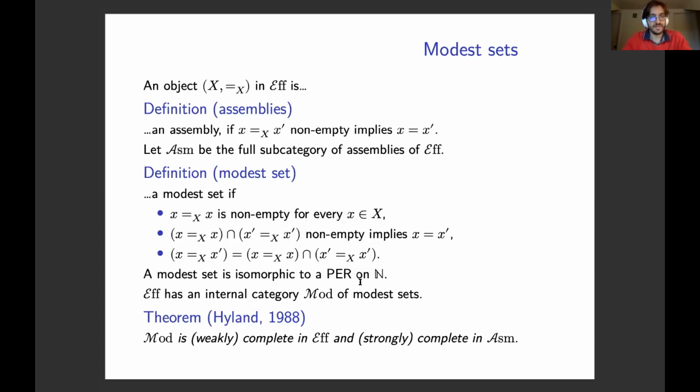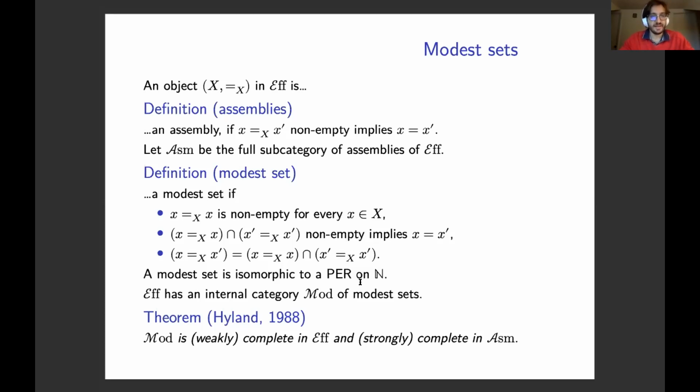And these elements are kind of equivalence classes over the set of natural numbers. So a model set can equivalently be seen as given by a partial equivalence relation on natural numbers.